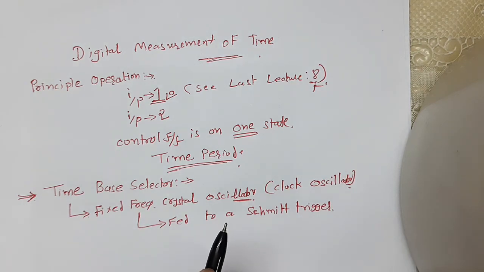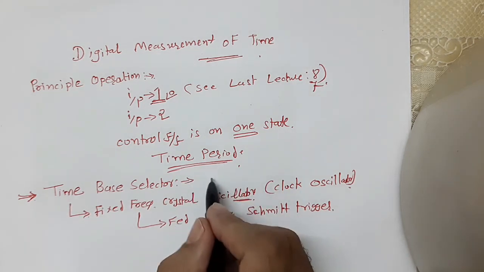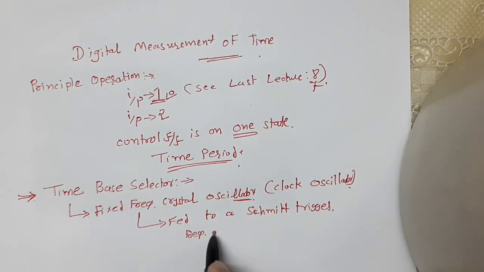which converts the input sine wave to an output consisting of a train of pulses at a rate equal to the frequency of the clock oscillator. The train of pulses then passes through a series of frequency divider decade assemblies connected in cascade.